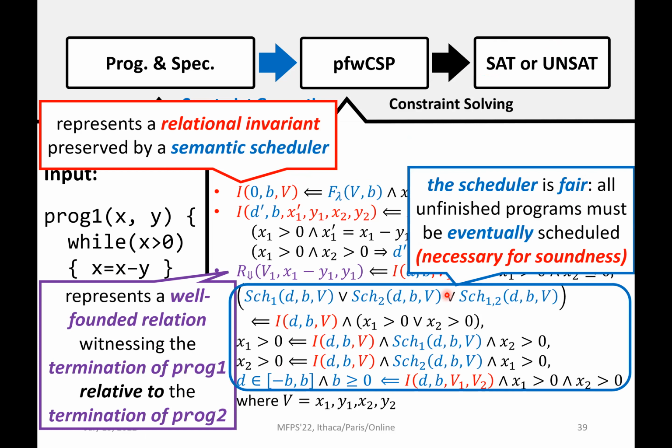And we also need a fairness condition for the scheduler, which is represented by these constraints, which I will not go into details, which is a stronger notion of fairness, stating that all unfinished programs must be eventually scheduled, which is necessary for soundness.